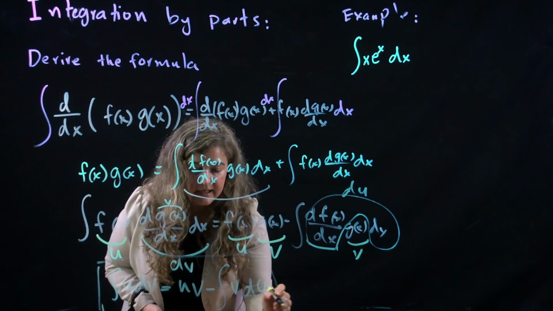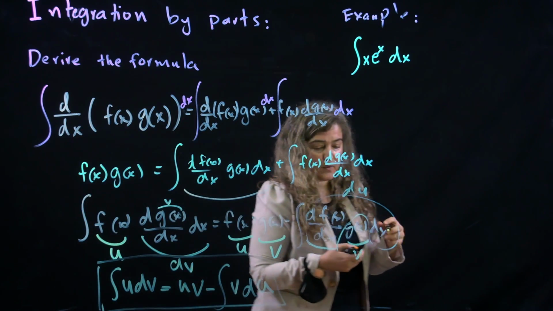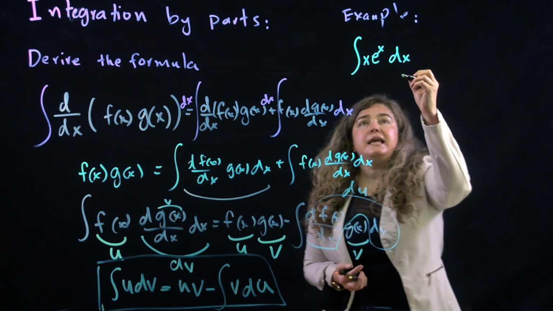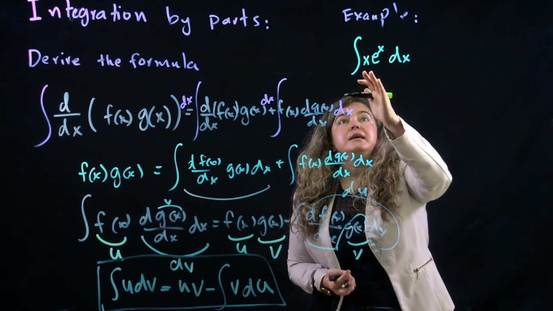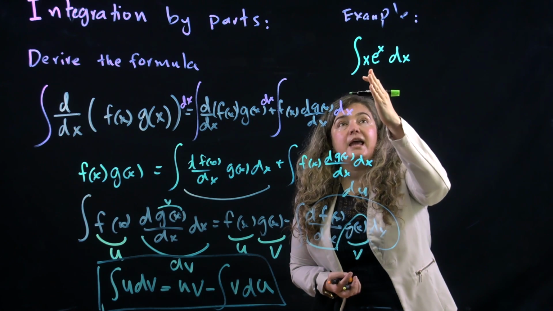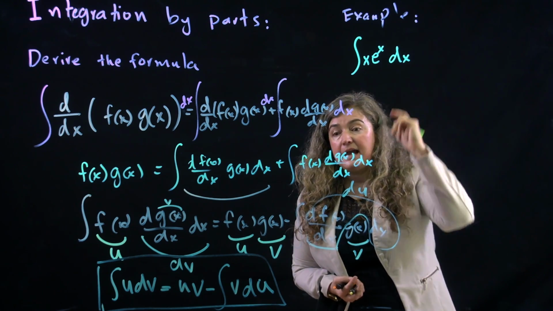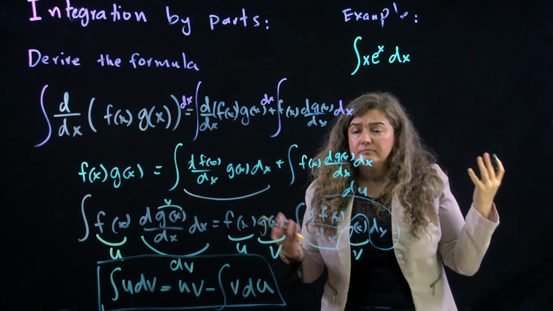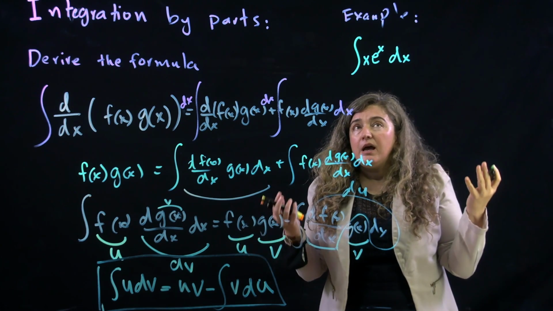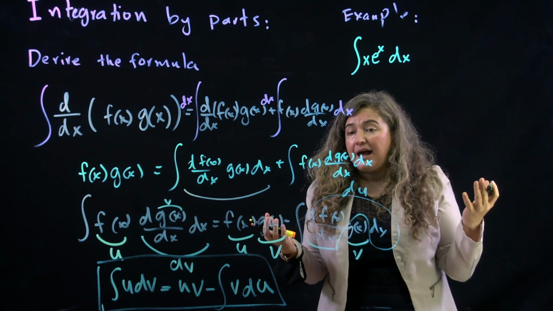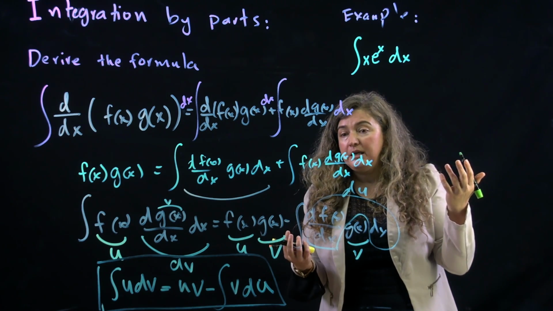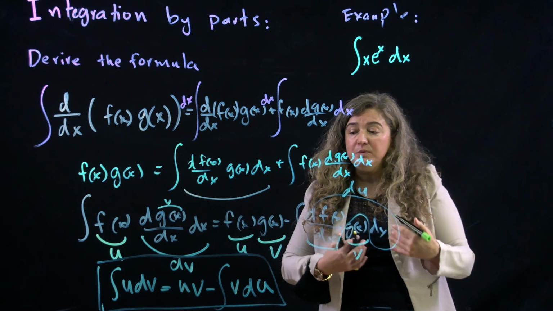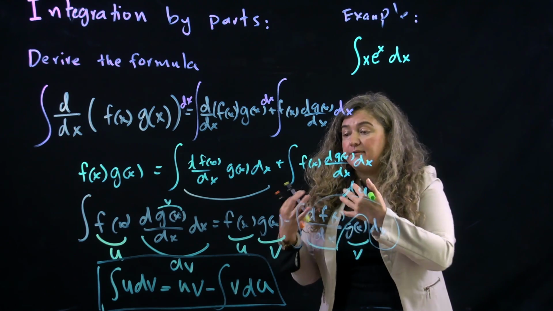Now let's put it to work. Let's try to do this example. The example is the integral of x e to the x dx. So what do I do? Let's say that I choose one to be u and the other one to be v.